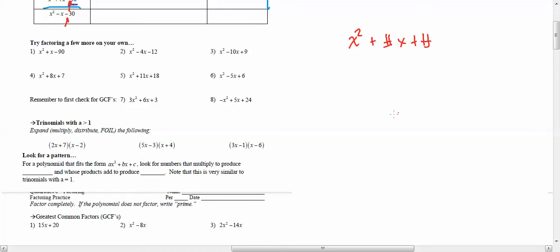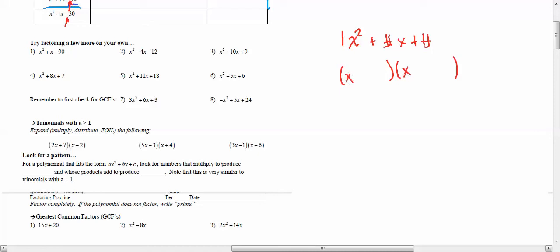But really the point I'm trying to make is that on every single one of these problems, there's been a 1 out in front that I haven't even been writing because I'm just too darn lazy. You notice that? And when I make the parentheses, I already start off with an x and an x.